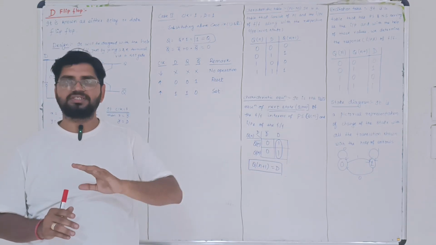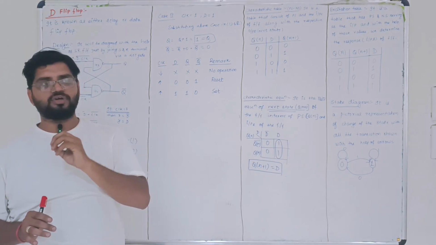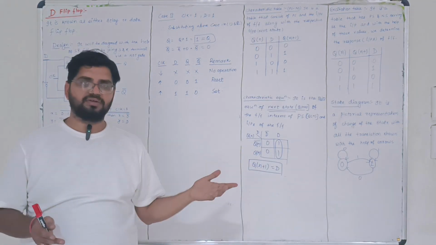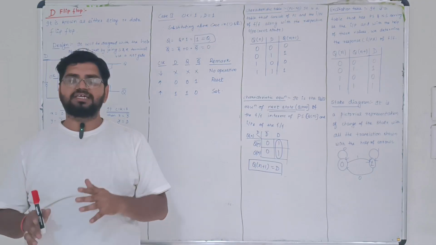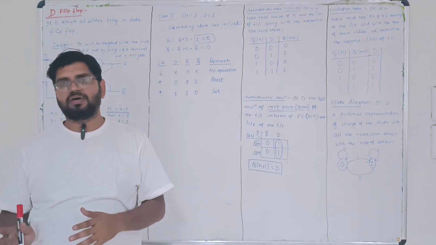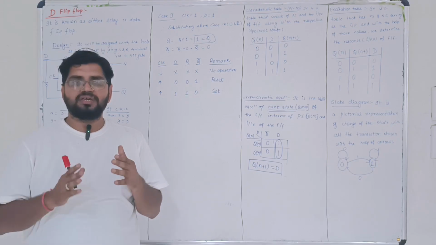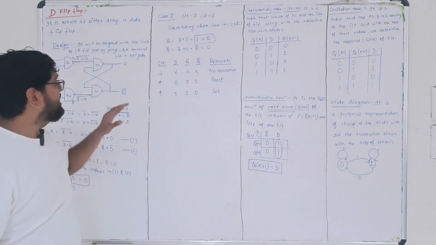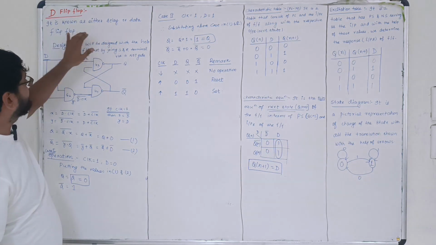There is no change from input to output, because if you give 0 input, you get 0 output. If you give 1 input, you get 1 output. Therefore, it can be used for storing data, or it can provide a particular time delay that is required in certain circuits. That is why it is also known as delay or data flip-flop.